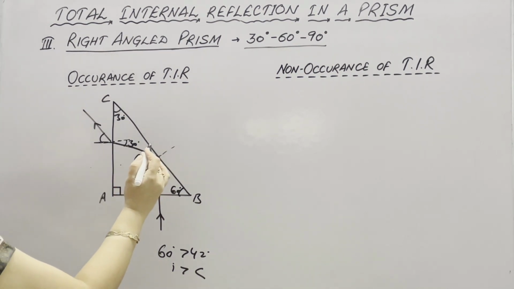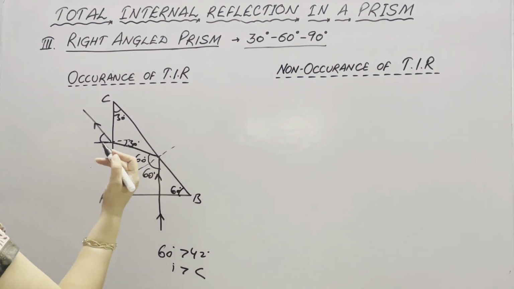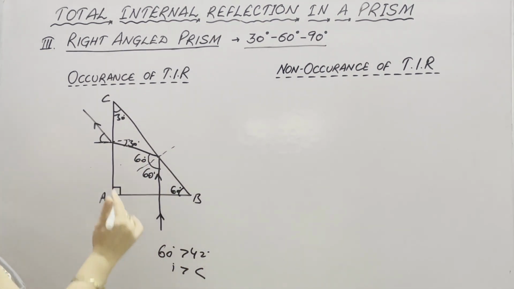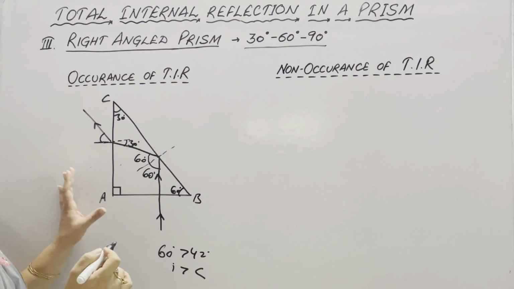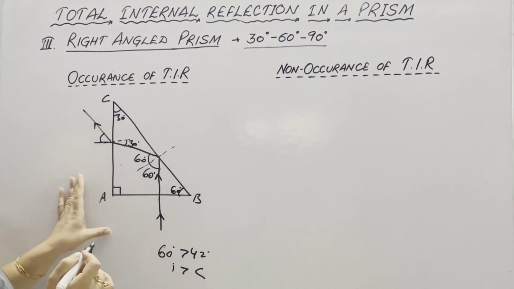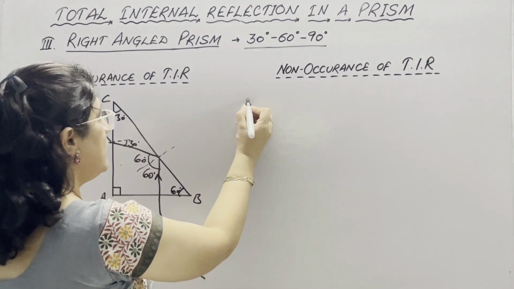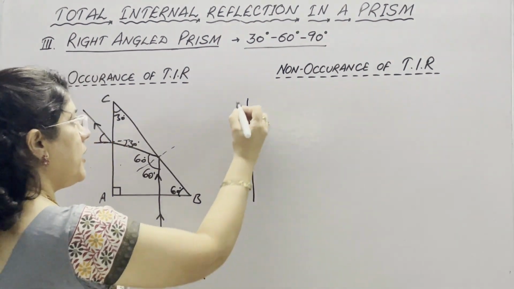So this type of prism is used to deviate a ray of light through less than 60 degree but more than 30 degree. Here TIR is happening. Let us discuss two other cases where TIR will not happen.